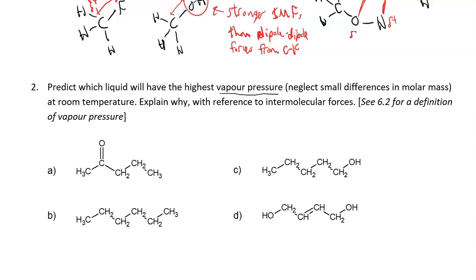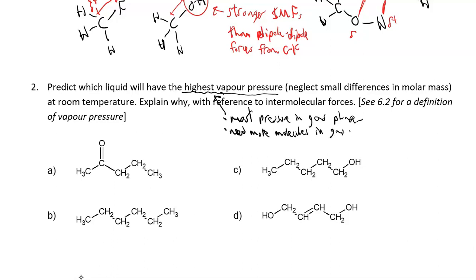So if we look at compound A versus B, C, and D, which one will have the highest vapor pressure? The highest vapor pressure means the most pressure in the gas phase. And in order for it to have the most pressure in the gas phase, we need more molecules in the gas phase.